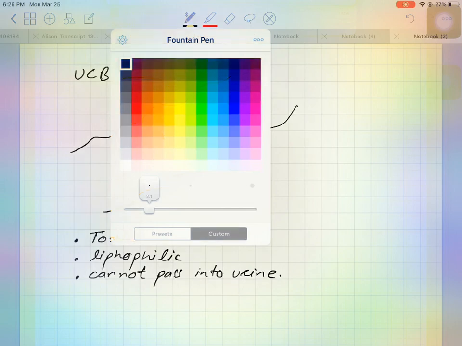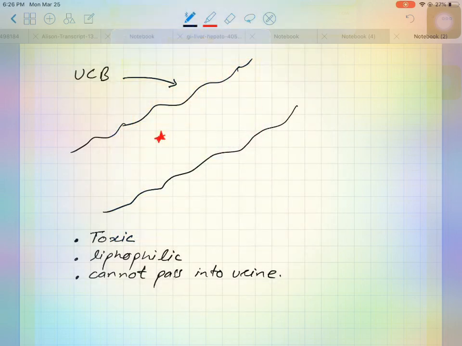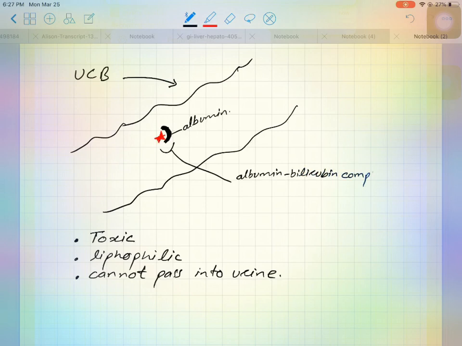So after the unconjugated bilirubin reaches the blood circulation from the liver, there is albumin. This is formed by the liver and circulates in the blood at the highest concentration. This albumin binds with the unconjugated bilirubin, and now this complex is called the albumin-bilirubin complex.